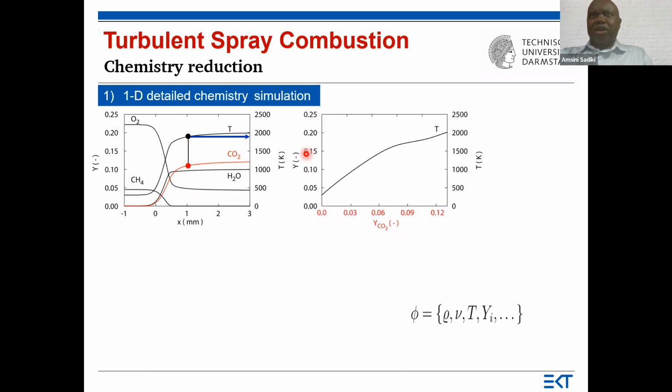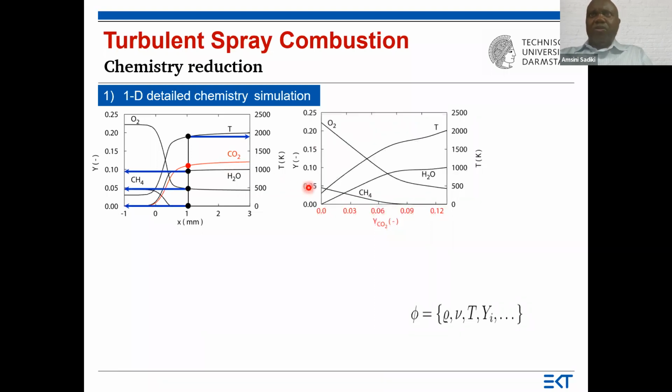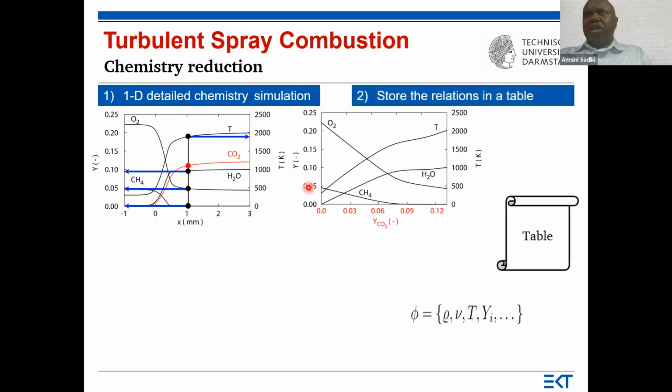And for that, we can now tabulate all values of the temperature as a function of CO2, and also as a function of all species we would like to get, so that we can put everything in a 2D table, where we have the progress variable and the mixture fraction. And this table provides us all these quantities, as we see from here.